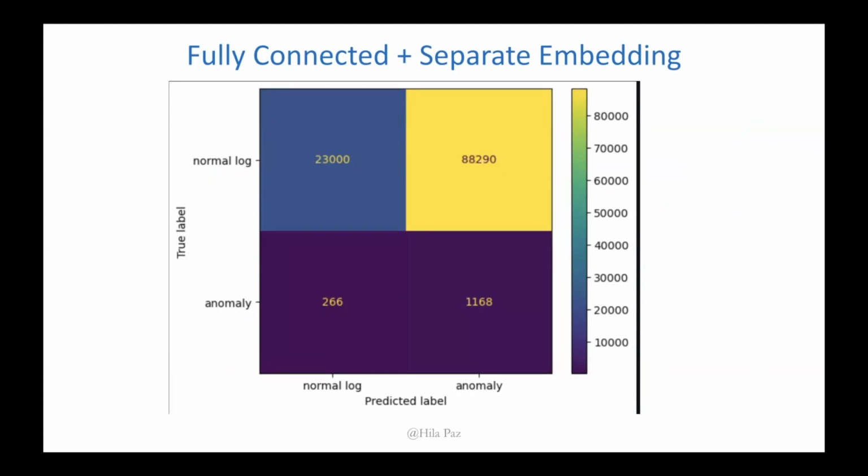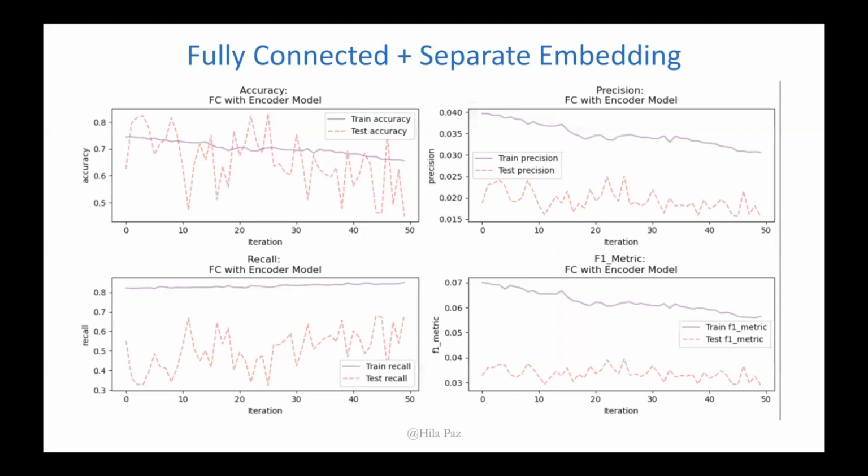So probably the separate encoding wasn't such a good idea. But also, when we examine our other metrics over the different epochs, the precision, recall, and F1 score all demonstrate a big difference from the train set to the test set. So we're still overfitting with much worse performance.